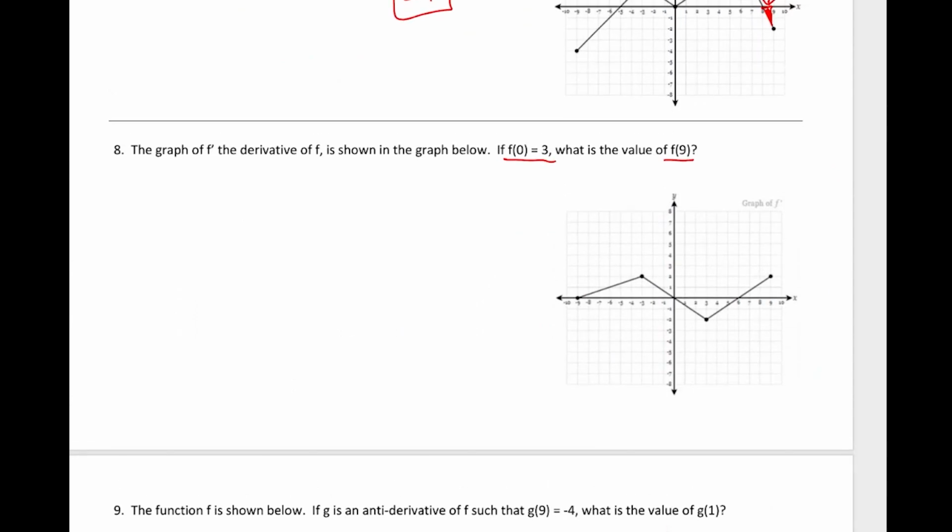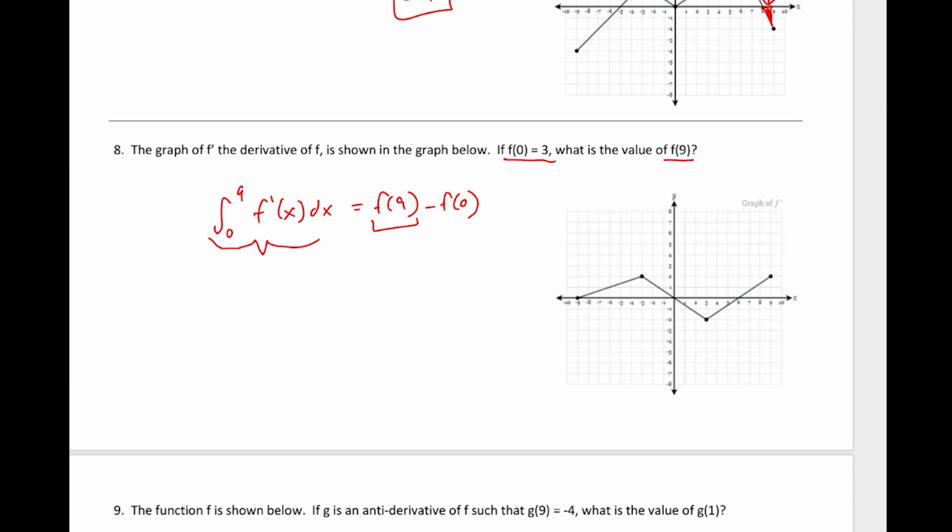And so that's going to be the case here as well. The integral from 0 to 9, f prime x dx is equal to f of 9 minus f of 0. And again, we're solving for f of 9 here. So we're going to add f of 0 to both sides.